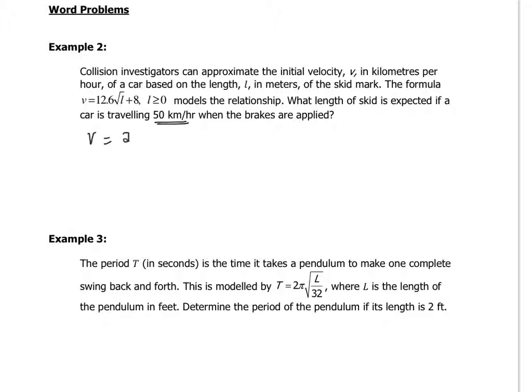So if I write the formula down again here, you have v equals 12.6 square root of L plus 8. They have given you the velocity of 50, and you have to find the length of the skid mark, L. So you have a radical equation, and we want to isolate the radical. So we're going to subtract 8 from both sides. 50 take away 8 is going to be 42.